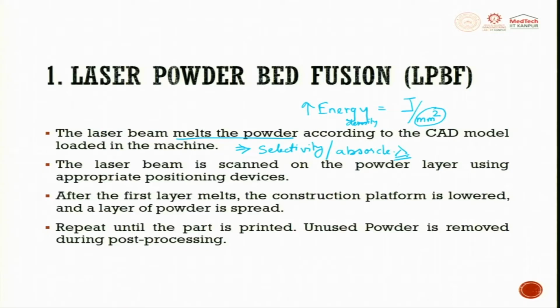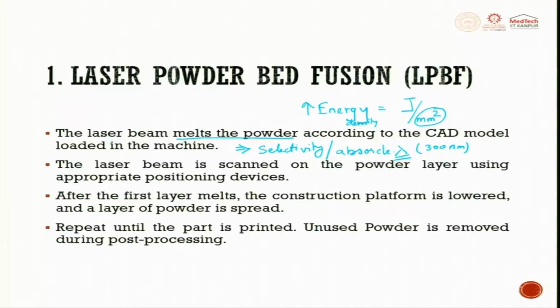For example, people use blue laser, which has a wavelength generally less than 300 nanometers. This interacts very well with copper. If you use a green laser, you might or might not get it. When you use a red laser, it will not produce a good quality output. So, the laser wavelength is very important and the power is important to melt the powder.